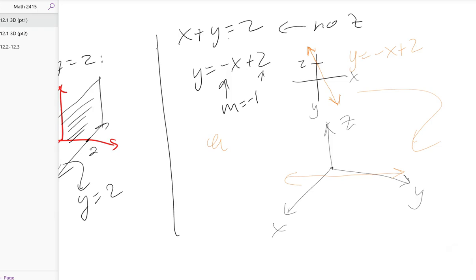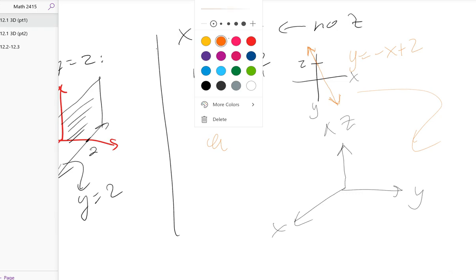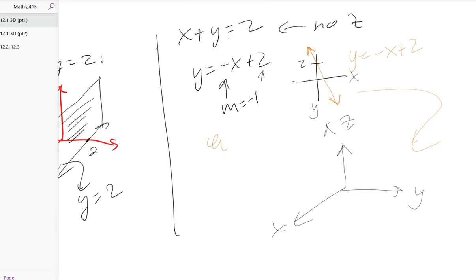This line is now there. And it doesn't look like much of a line, does it? Let's start over. All right. So there we go. Well, that's good enough.